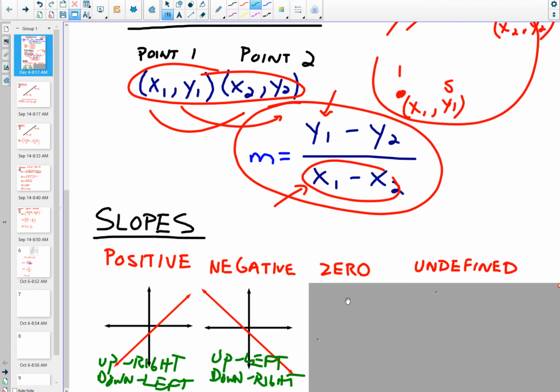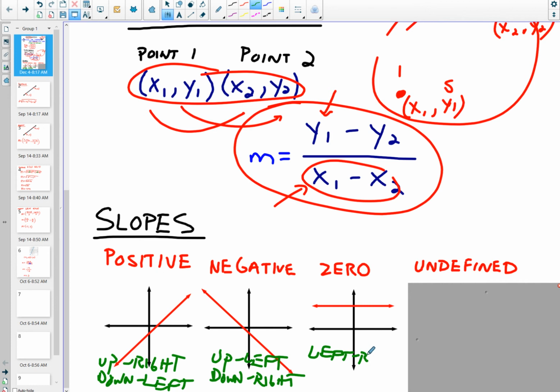What do you think a zero slope would travel? Use your words. Horizontal would work, sure. If we want to use directional words, I would say left, right. There is no vertical movement. There is no rise, only a run.